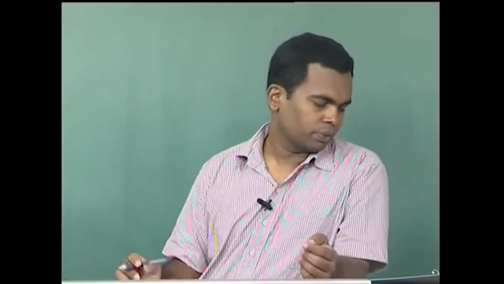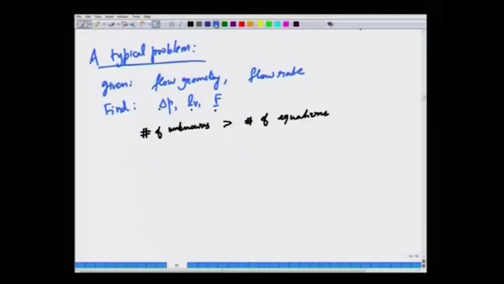For example, I am going to illustrate this situation in the case of an expansion. You may have a channel which is expanding suddenly and fluid is flowing like this at steady state.